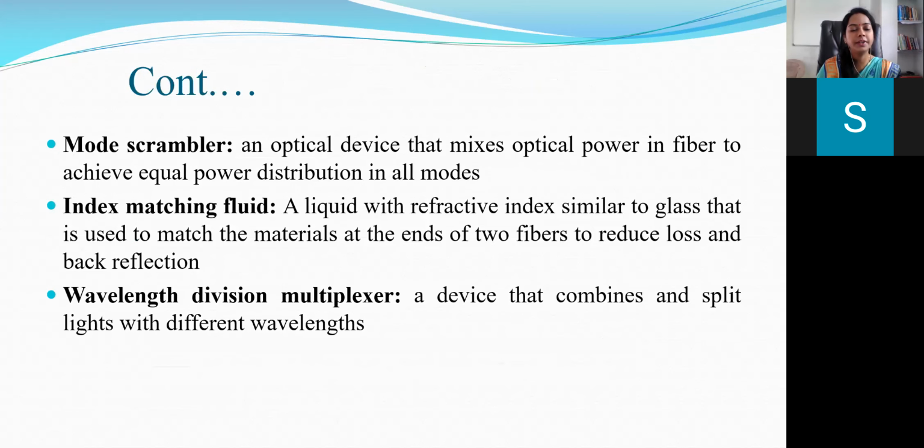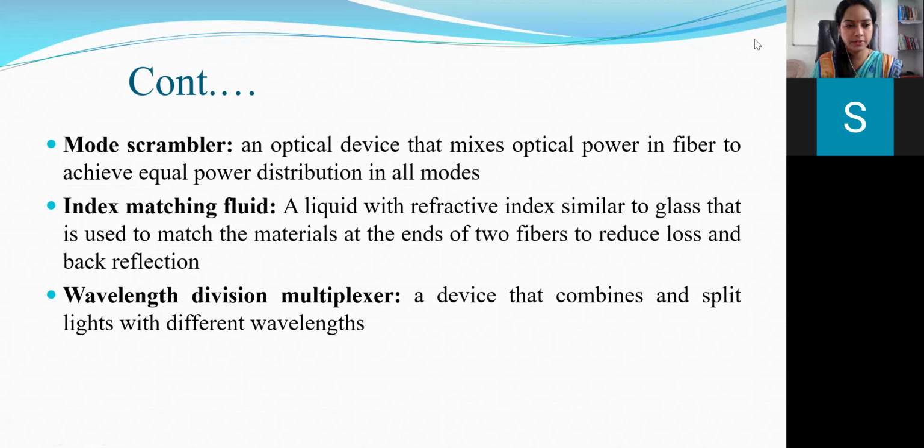Then the next thing is mode scrambler, then index matching fluid, wavelength division multiplexer. Yes, all these things, they are optical devices. Okay, scrambler is also a type of optical device. What it does? An optical device that mixes optical power in fiber.